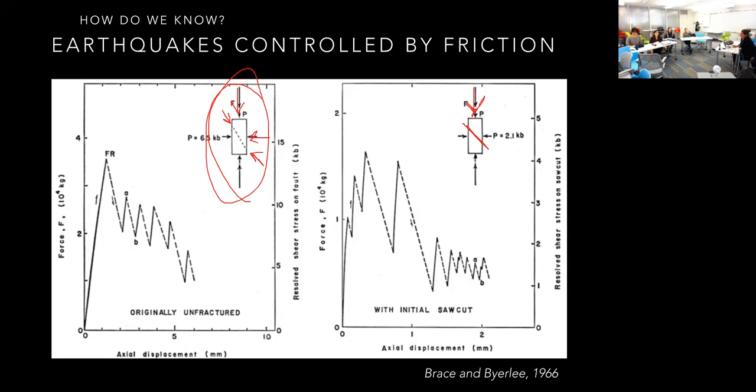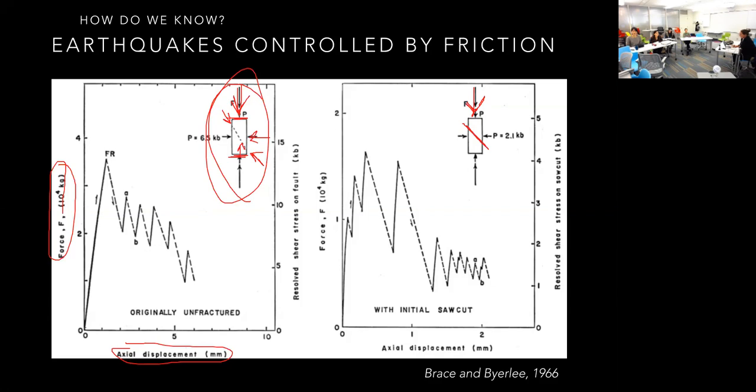And what they see here is, okay, this is the load that they're putting, the vertical force. And this is the displacement. So this is how much basically this arrow and this arrow have advanced toward each other during the experiment.